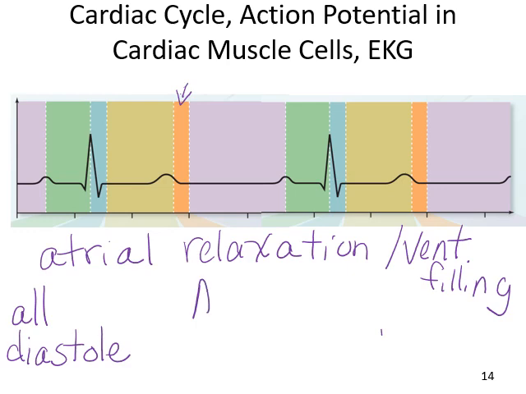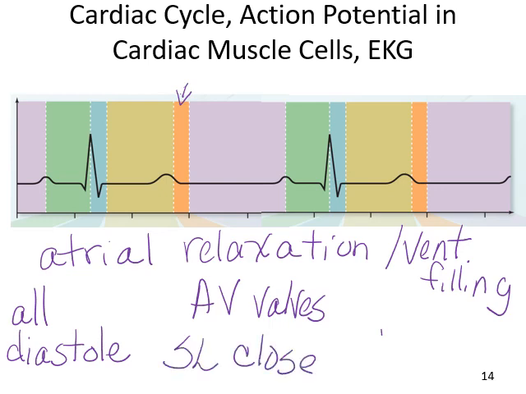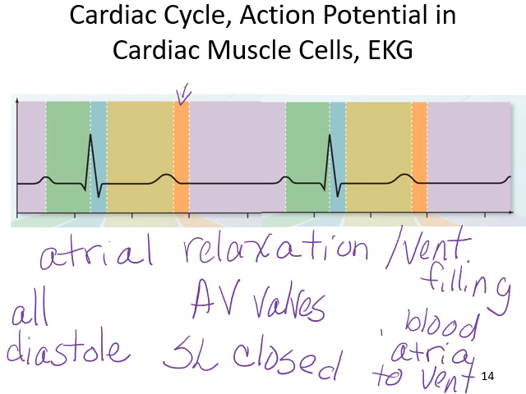Our AV valves are open because our ventricles are filling, so blood's flowing in there. Semilunars are closed. We have blood from the atria to the ventricles. While all this is going on, sodium ions are leaking into our SA node. Here we go, our atria depolarize, and we're ready to have another heartbeat.